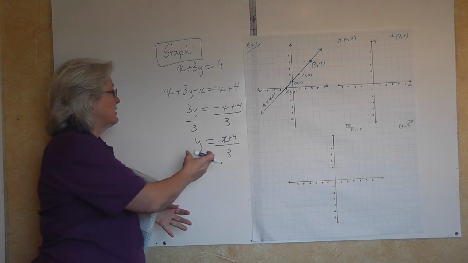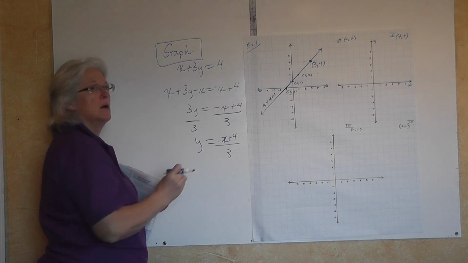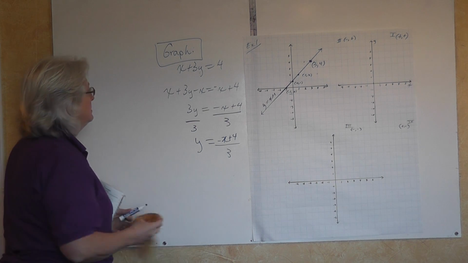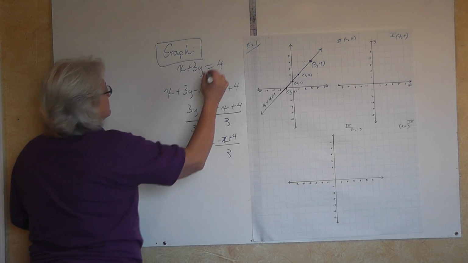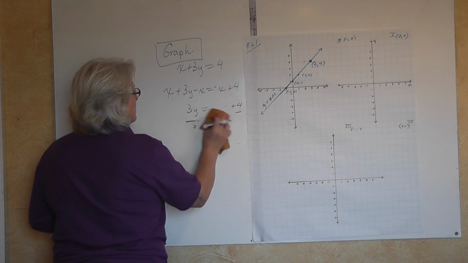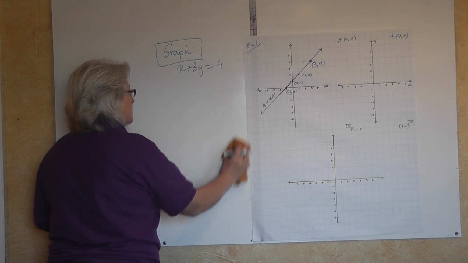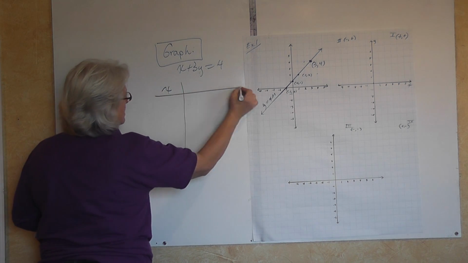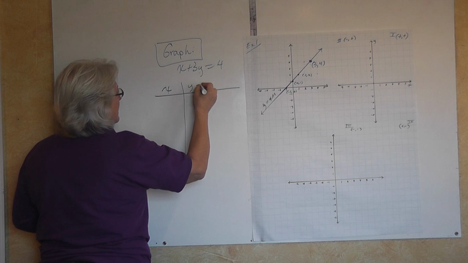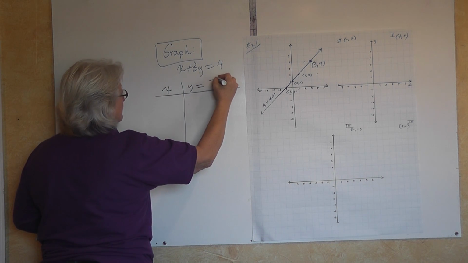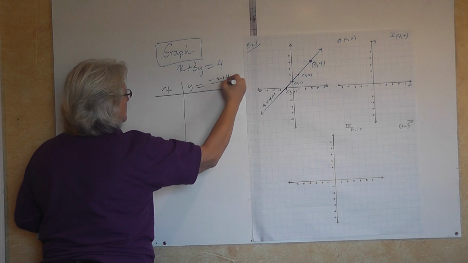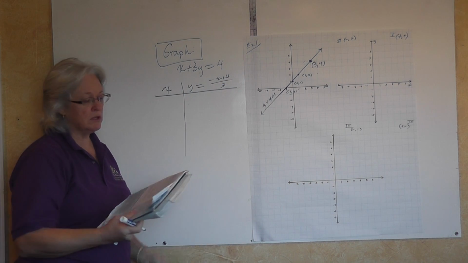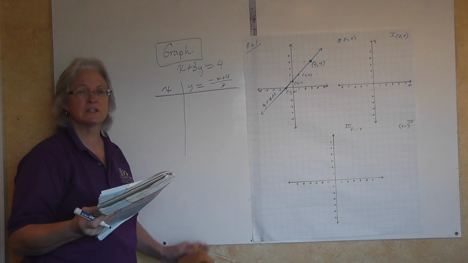And once we have solved this equation for y, we can create a table of ordered pairs, which is exactly what we're going to do. y is equal to negative x plus 4 divided by 3. We have our table of ordered pairs.